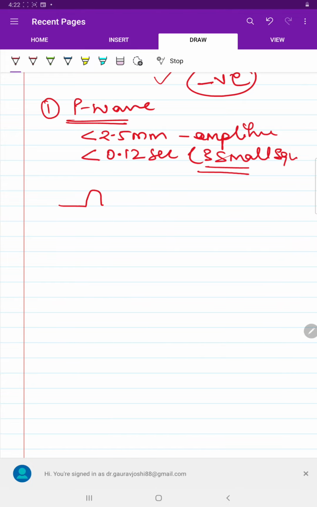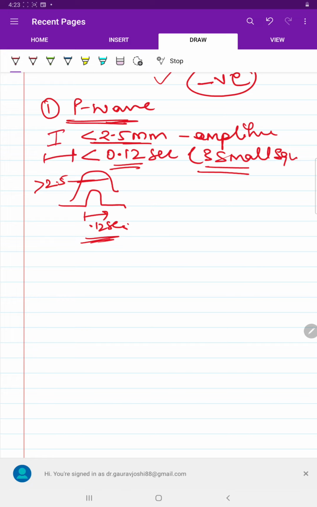If it is more than 0.12 second, or if the height is more than 2.5 mm, then there may be some abnormality. So I'm discussing the normal here, so please note down the P wave: normal is less than 2.5 mm amplitude, meaning height, and this is duration.